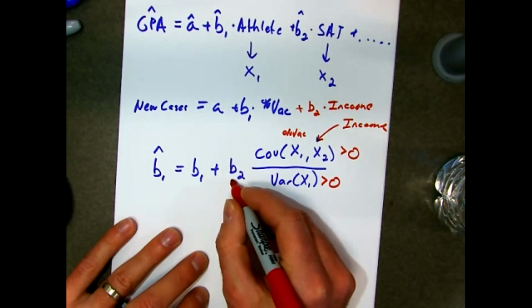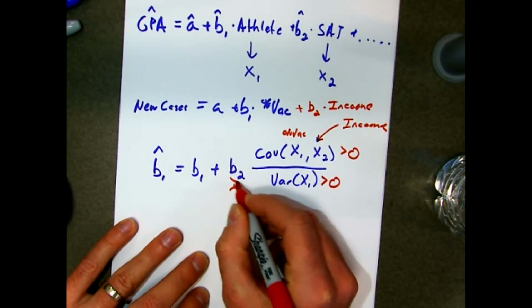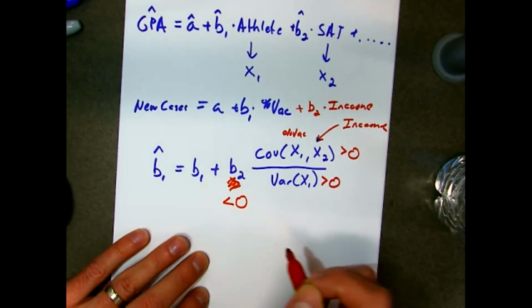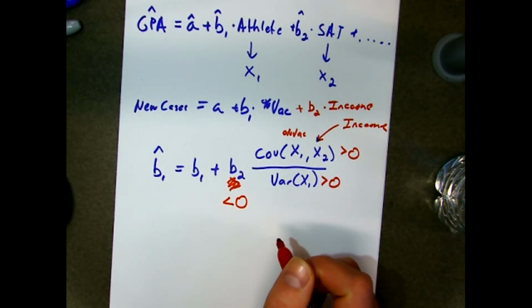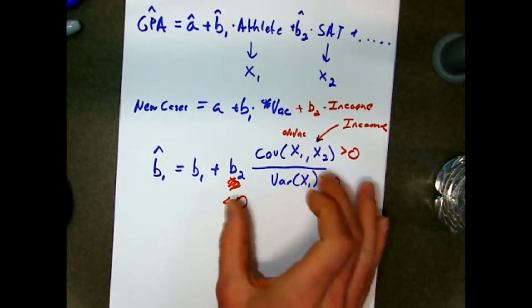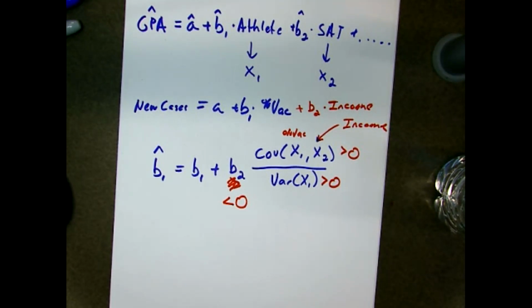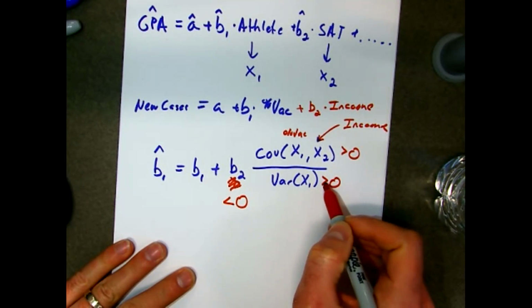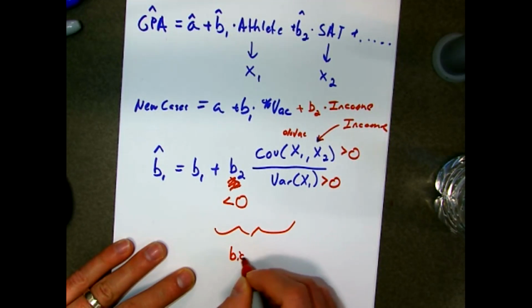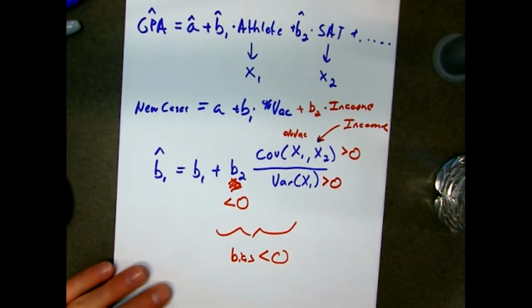So maybe we would expect that, as income goes up, the number of new cases we see actually goes down. So this effect would be potentially negative. And we can see because we have the data, but if we didn't ahead of time, we could maybe put a sign on this bias and say, well, a positive divided by a positive times a negative, my bias component looks like it's negative here.